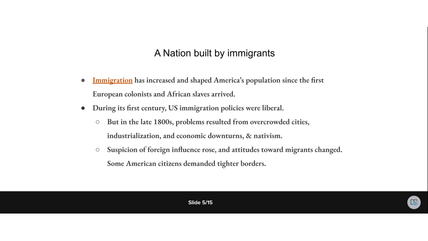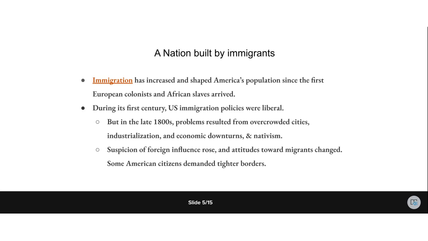Since we were starting out as a colony of England, those men and women and children were immigrants to this continent. During the first 100 years of the United States, U.S. immigration policies were liberal. There were practically nothing. Don't have tuberculosis was the one main rule of immigration.